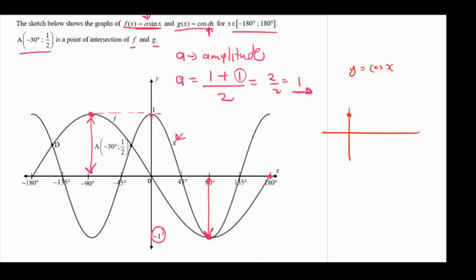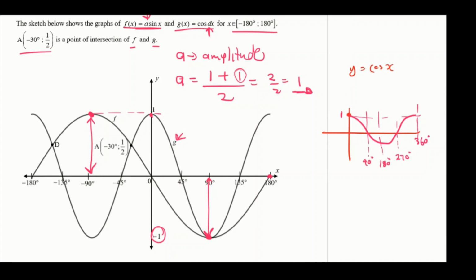It will start here and end here. What this means is it will end at 360, and the height here is 1. Then this point here would be your 270 degrees, this would be your 180 degrees, and this would be your 90 degrees, right?